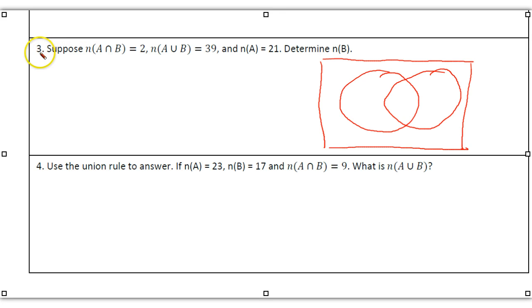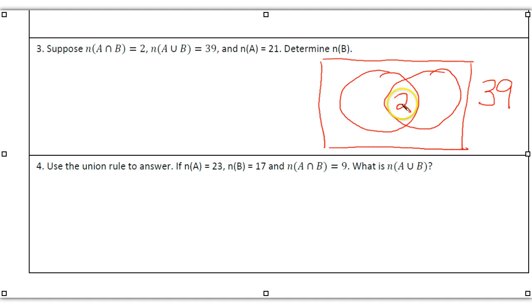So in number 3, we're going to look at our intersection as 2. So we have a 2 there. And we know our total is going to be 39. And we know that A altogether is 21.